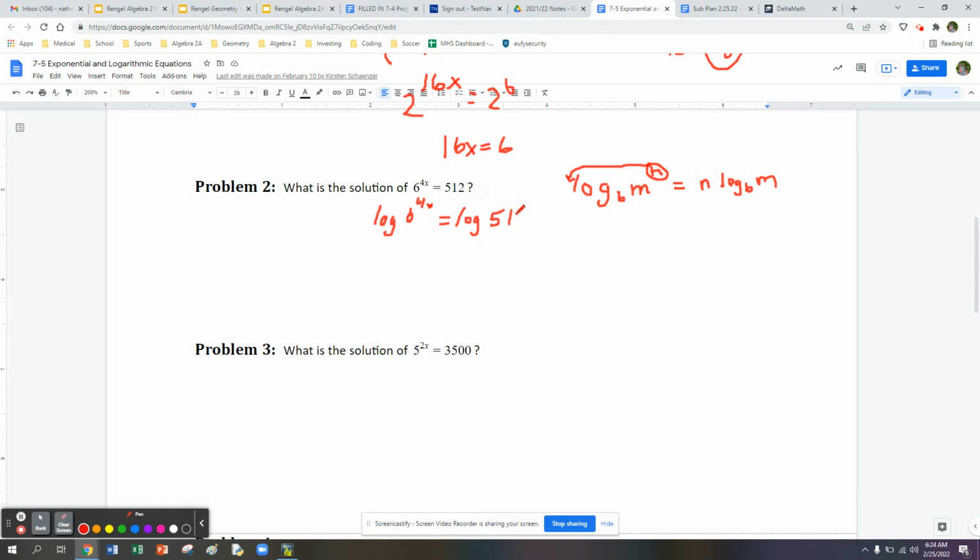We're doing the same thing on both sides of our equation, which is not going to change its equality. I'm just going to use log base 10 because that's a quick shortcut button on my calculator. So here's where the magic happens. Now we've got this 4x right here, and I can drop that 4x down in front. So I'm going to have 4x times the log of 6 is equal to the log of 512.